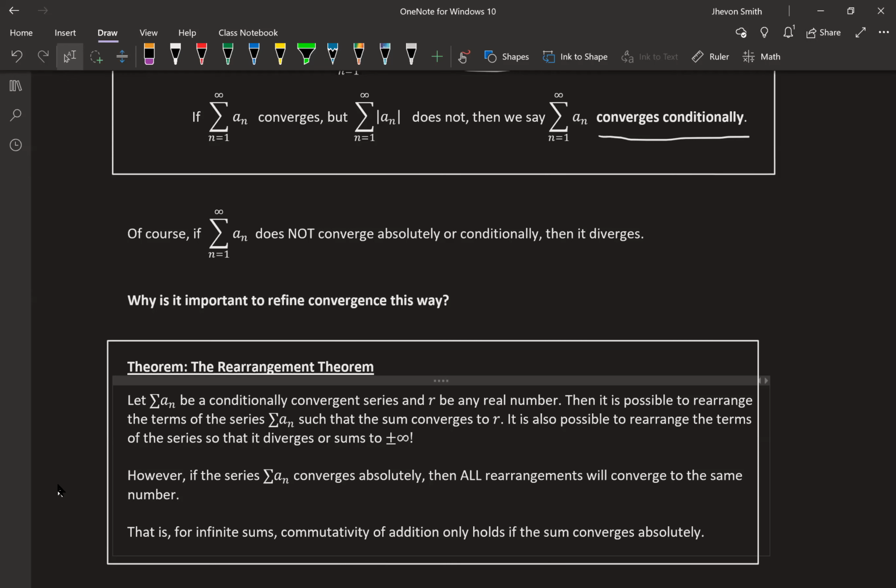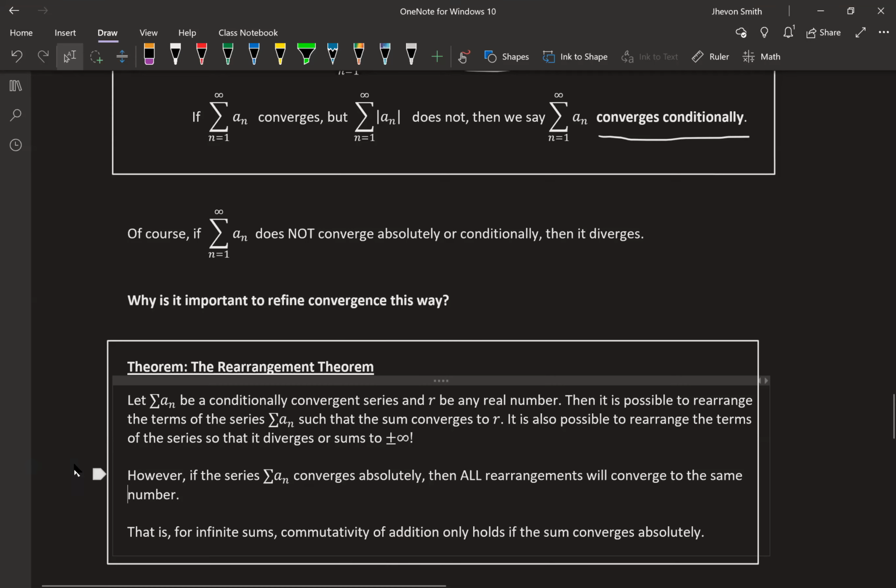You add those numbers in any order, it will always add up to 6, no matter what order. However, if you have an infinite sum, this very basic principle is no longer true. It turns out that you can rearrange the terms and get it to add up to something else if it's conditionally convergent. So what you can realize here is that absolute convergence is actually important. It tells us that we can still have commutativity of addition.